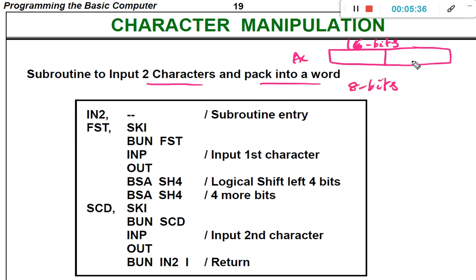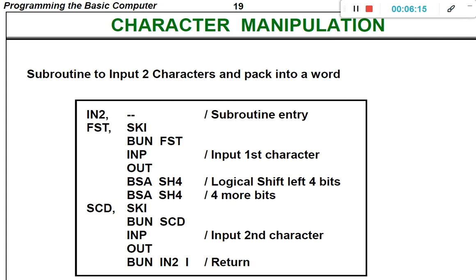So for that purpose, from bits 0 to 7 we are storing the character, and all the remaining bits from 8 to 15 we are filling with zeros. Instead of that, now we can accommodate 2 characters, because one character is stored in 8 bits. So we can accommodate 2 characters in 16 bits and pack those 2 characters as a single word. That is done using this particular program, so that we can save the memory.